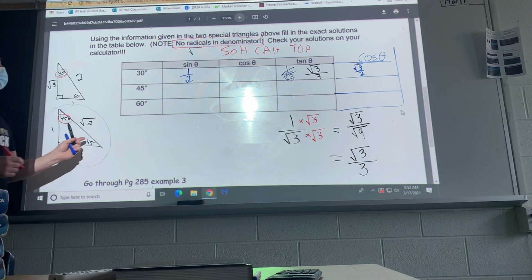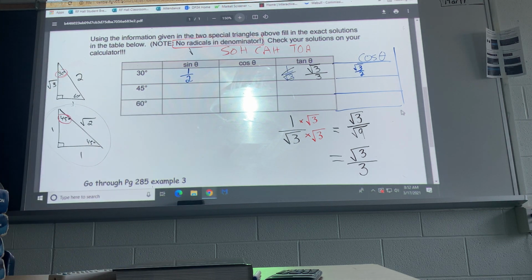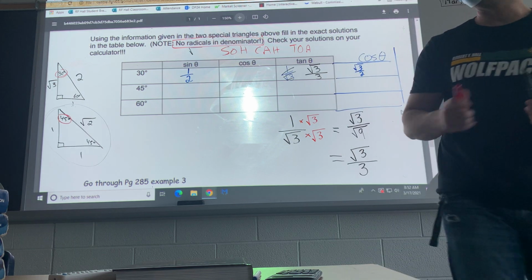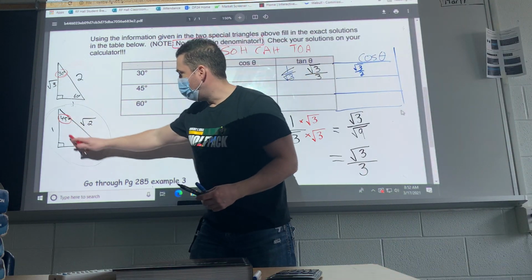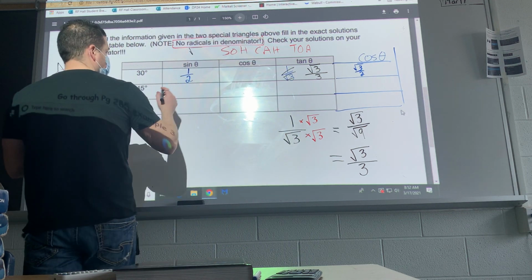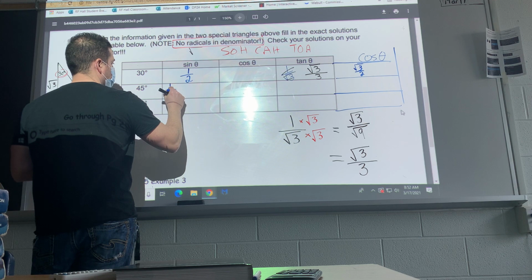Sine is opposite over hypotenuse. What would be opposite over hypotenuse? 1 over root 2, good. Opposite would be 1, the hypotenuse root 2, so we get 1 over root 2.